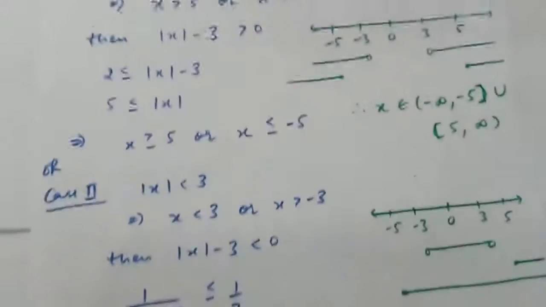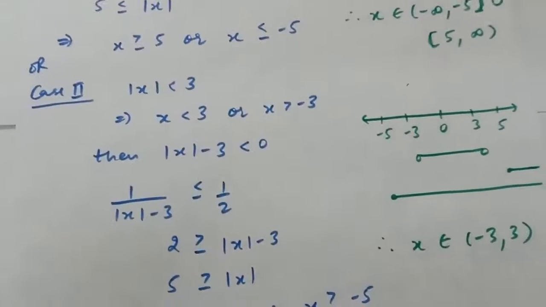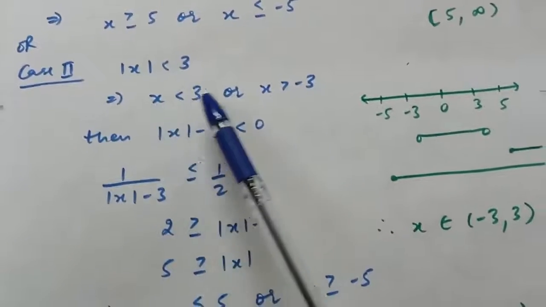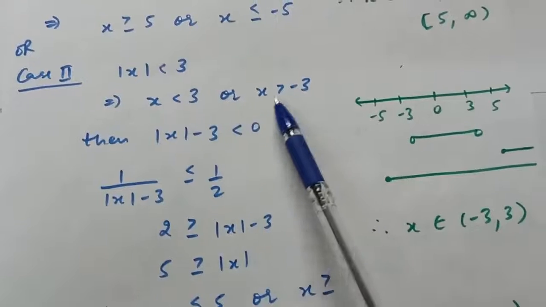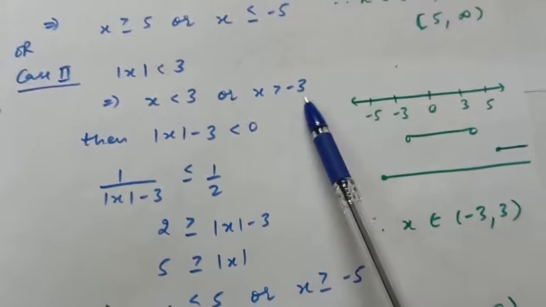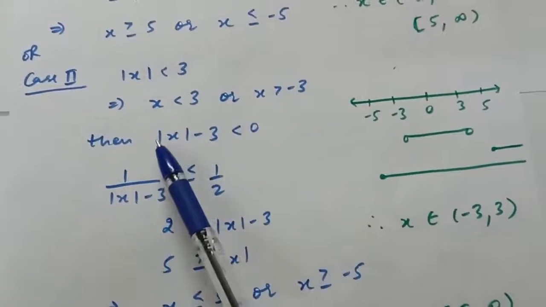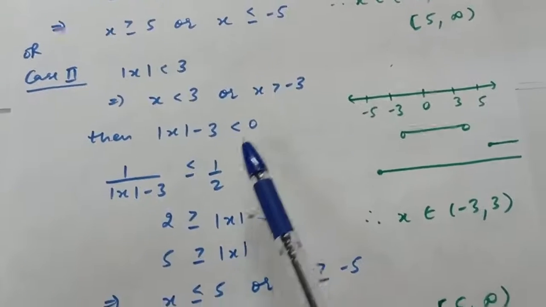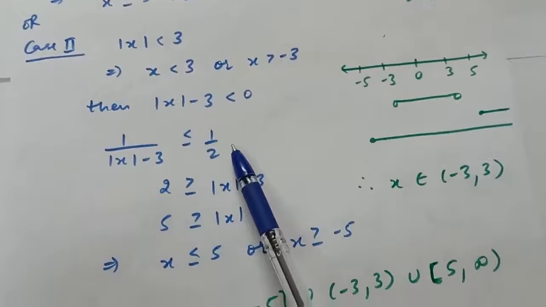Now the second case will be when modulus of x is less than 3, which implies x is less than 3 or x greater than minus 3. So in this case, modulus of x minus 3 will be less than 0, right? This is the given inequality.